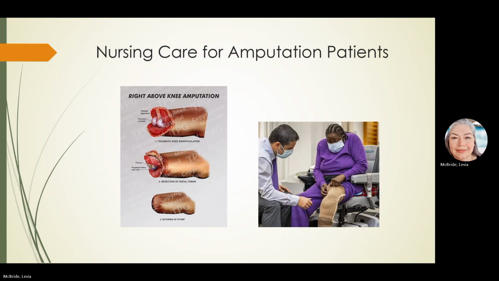And then again, this is long term, it's going to be the rest of their life. They need to understand that there may be some limitations. Some of these folks don't have any limitation after they get their prosthesis. You see them running in the Olympics, but it's whatever they feel that they can do, that they are still a valuable person, even though they have loss of a limb.